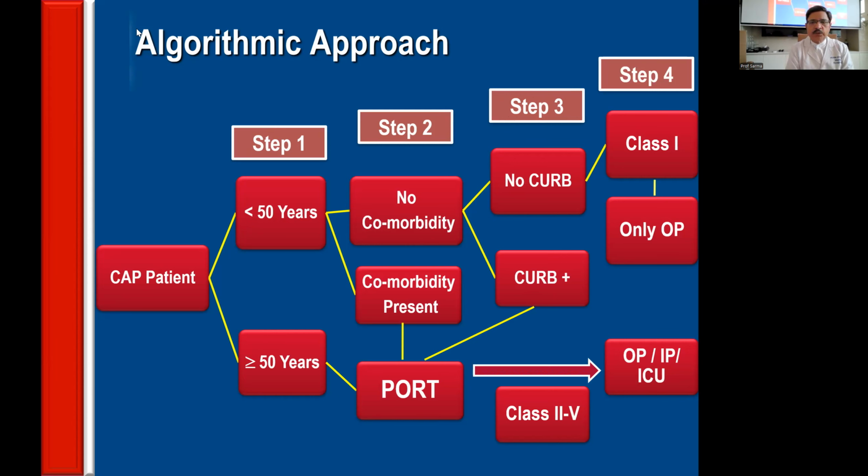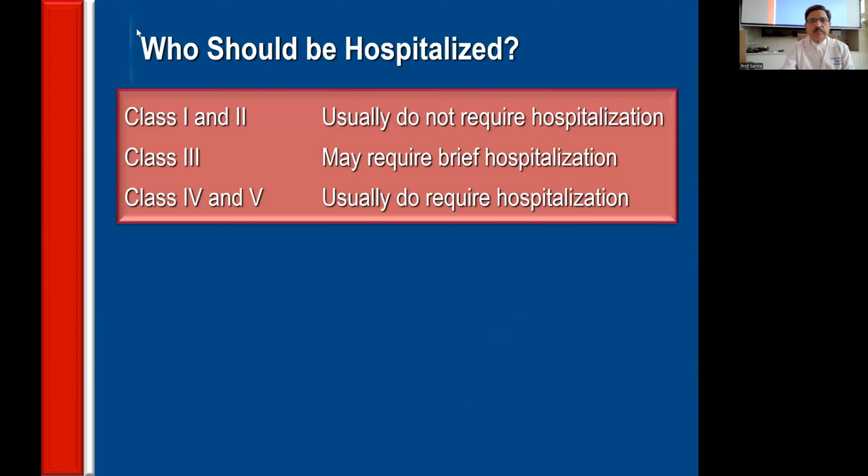If the PORT class is 2, 3, 4 or 5, he requires IP admission or ICU admission depending on the stage. Now, who should be hospitalized? Class 1 and class 2 usually do not require hospitalization. Class 3, brief hospitalization. 4 and 5 usually require hospitalization.